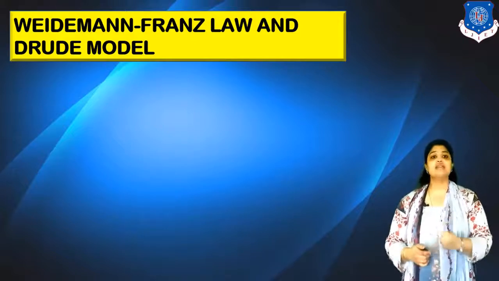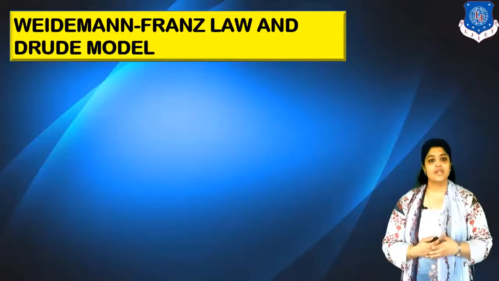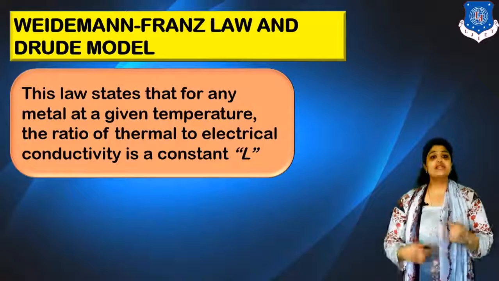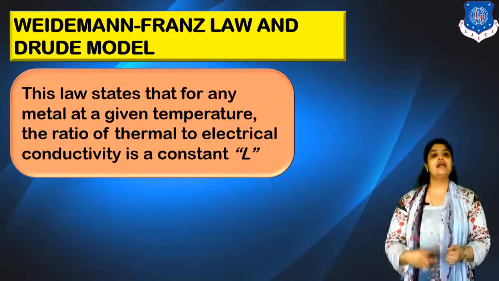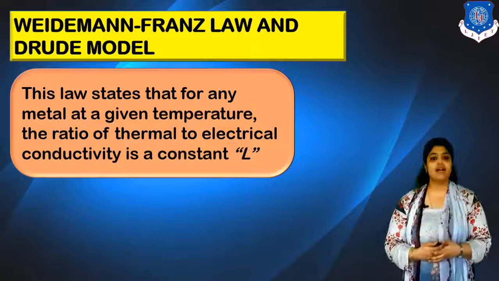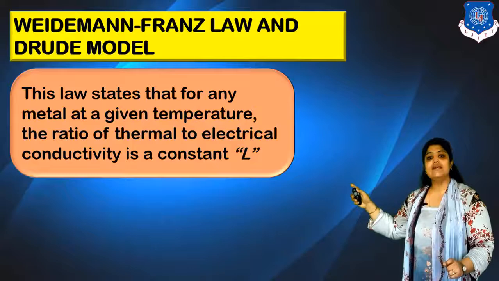We had also discussed and derived the equation of thermal conductivity, capital K. So now let's see what exactly Wiedemann-Franz law is. This law states that for any metal at a given temperature, the ratio of thermal to electrical conductivity is a constant L, which is known as the Lorentz number.